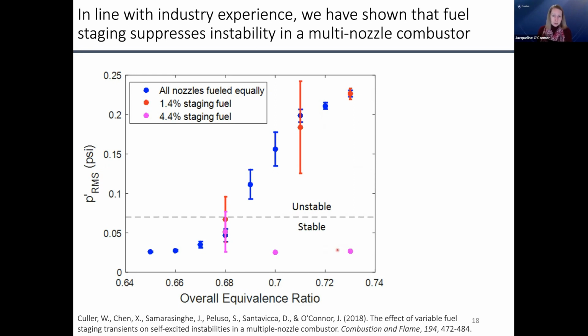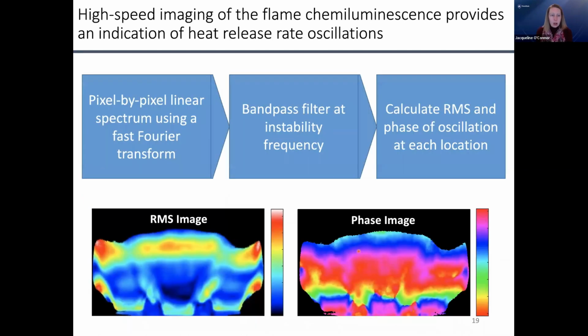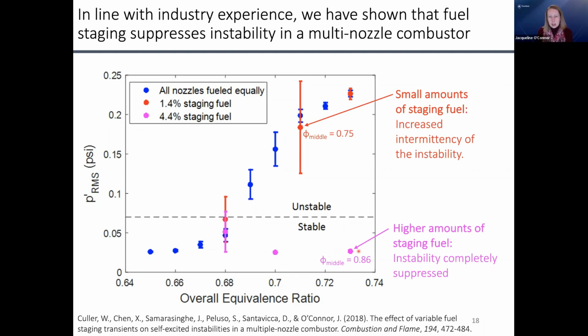So less than 5% of fuel displacement to a staging nozzle gets us suppression of the instability, which is pretty neat. Okay, and one other thing that I'll say here is when we first did this characterization, we were pretty psyched about this because real gas turbines display this behavior, right? They use fuel staging to suppress instability, with 5% levels not unreasonable. And so the fact that we could mimic that behavior in a laboratory combustor was a good thing.